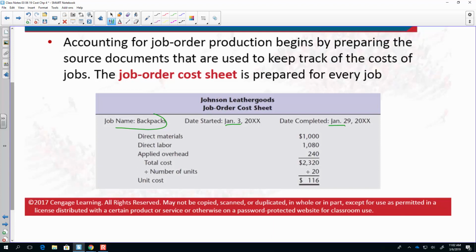Material, labor, applied overhead. Yep. And you'll see that 1, 2, 3 here as well. This is no different than what we started with in chapter 2. You sum up those 3, get a total, and then we come up with a cost per unit.